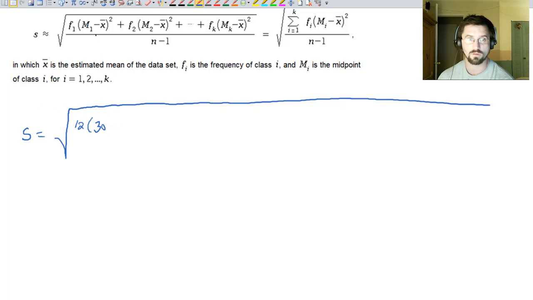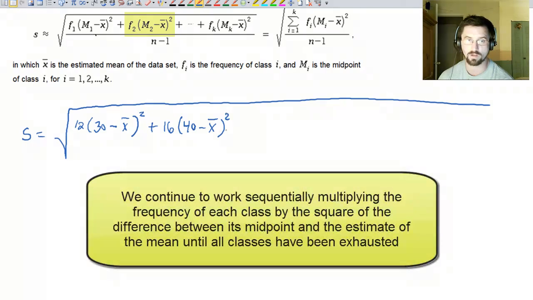But I would do the frequency of the first class, which is 12, times the midpoint of the first class minus x bar, because I still want to get the difference and square it times the frequency.